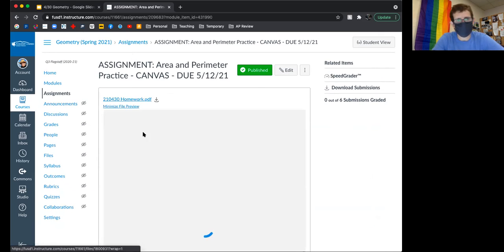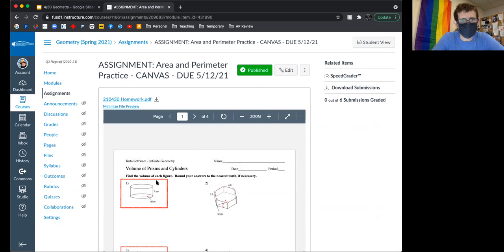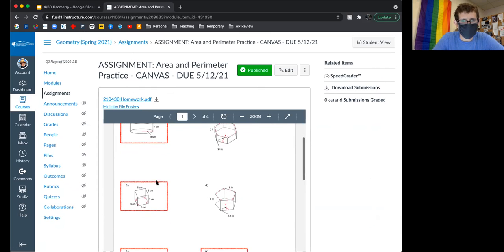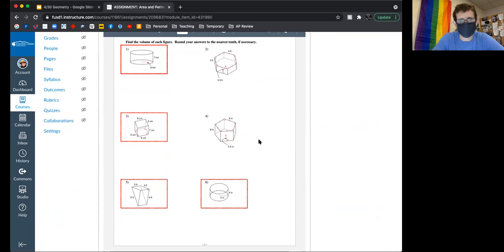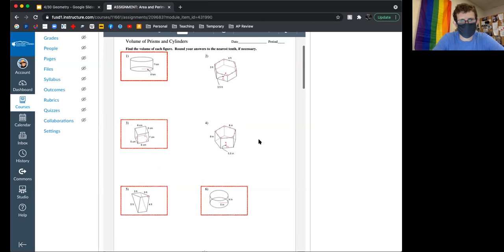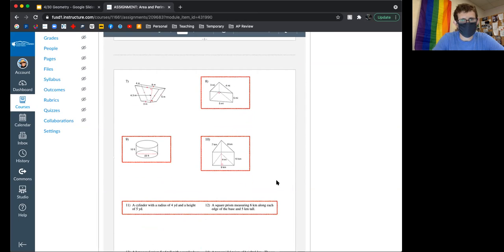Okay, in this homework, there's going to be some problems that have red boxes. So you want to do the ones with the red boxes. And notice I showed you there's hexagonal prisms. You can see one right there. There's a pentagonal prism. To solve for those is a bit more involved, and we're not going to do that. So you can skip those completely. But you have cylinders, rectangular prisms, triangular prisms, and that's about it. So you can practice with those. You don't have to do any extra trigonometry or anything along the way to solve for your missing values. They're all going to be there.